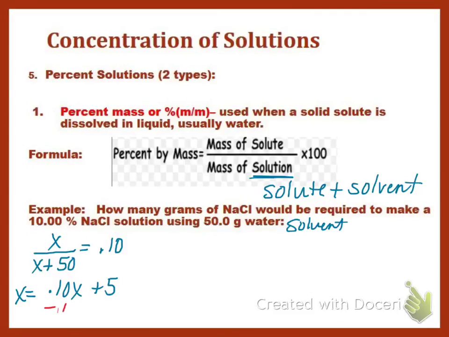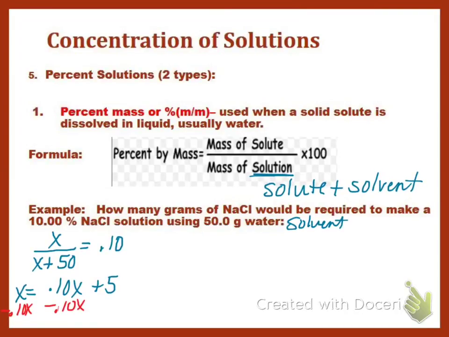So then I'm going to subtract 0.10x from both sides because that's what they taught me many years ago. So then I'm going to be left with 0.9x is equal to 5.